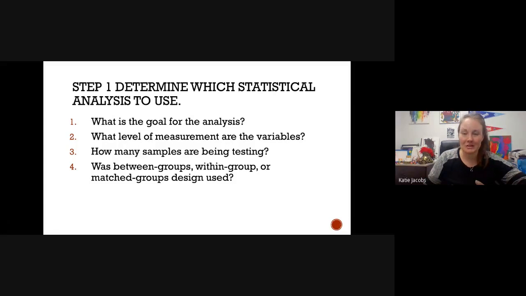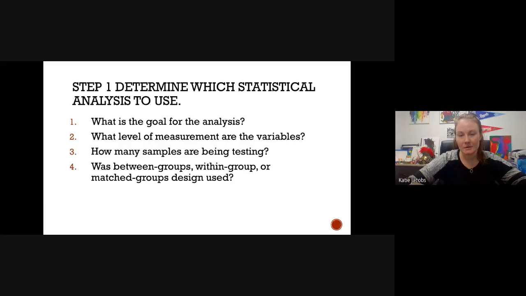What level of measurement are the variables? A lot of times we're going to be looking specifically at the dependent variable, although that may change depending on which statistical analysis we're doing. You also want to know how many samples or how many groups you are testing and what the goal is, and did we use a between group, a within group, or matched group design.